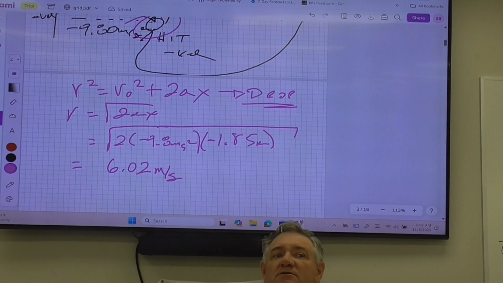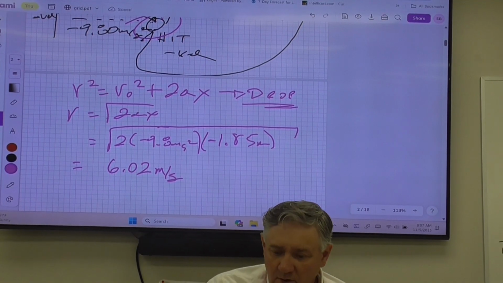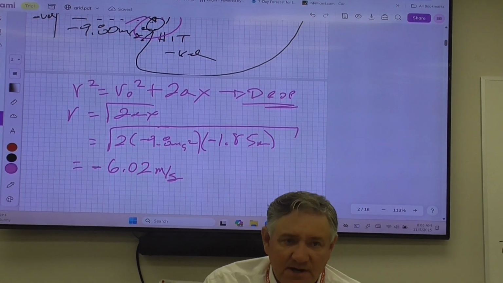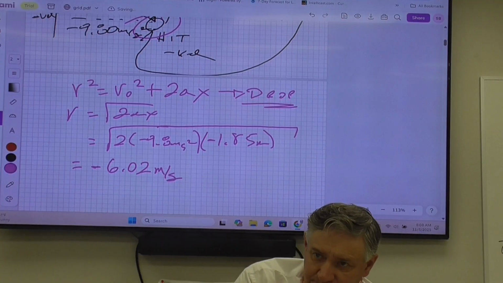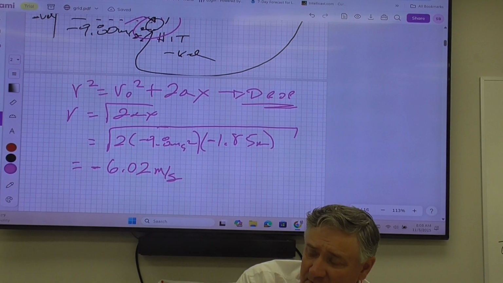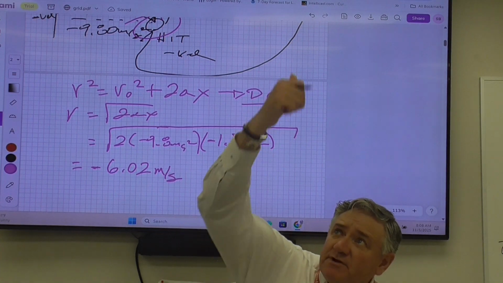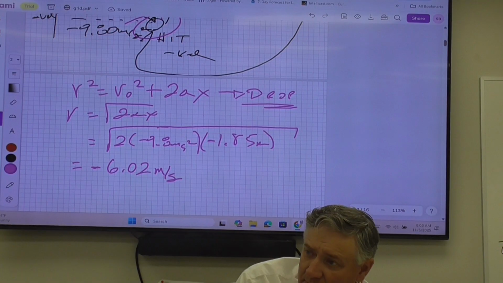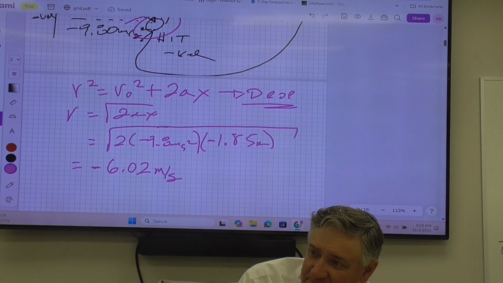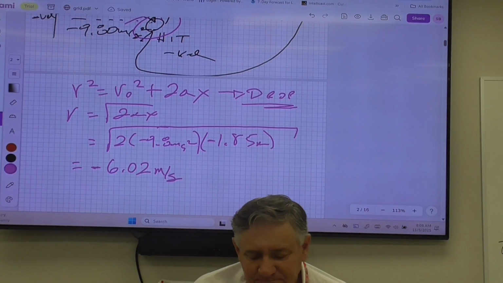So you just have to choose the negative root. We're not making up math. We're not violating any laws of algebra. Anything that comes out of the square root is plus or minus.